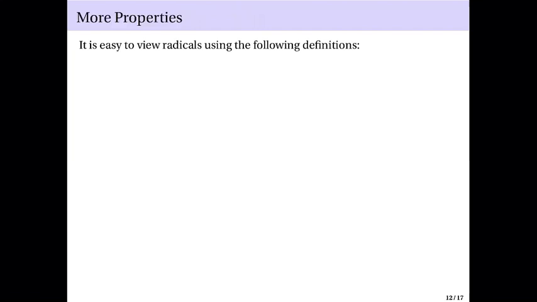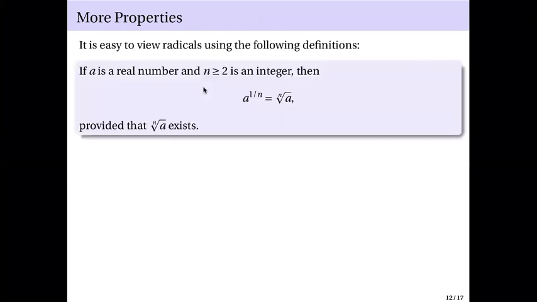So let us look at some more properties of radicals. And in the following, what we will do is to connect exponents and radicals. Okay? So in here, we have the following. So if a is a real number and n is an integer greater than or equal to 2, then the nth root of a is the same as a raised to power 1 over n, provided that the nth root of a exists.